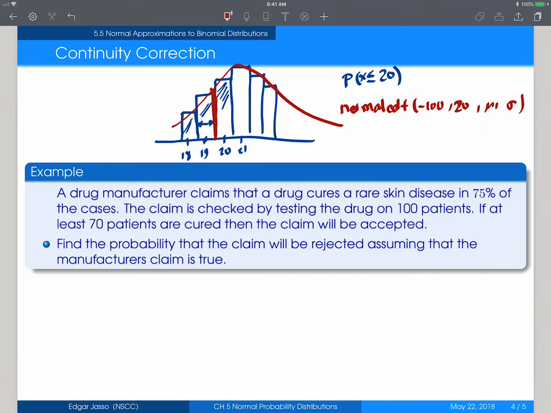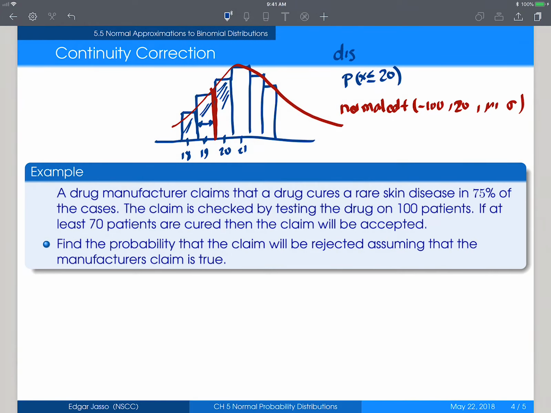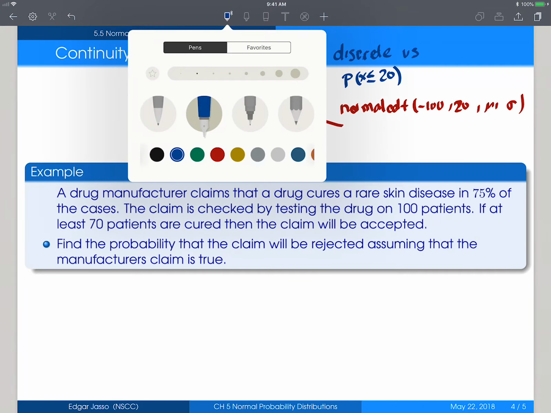So the problem here is that while the binomial was discrete, the normal is continuous, right? This is what we're dealing with right here: the binomial distribution was discrete and the red one is continuous.